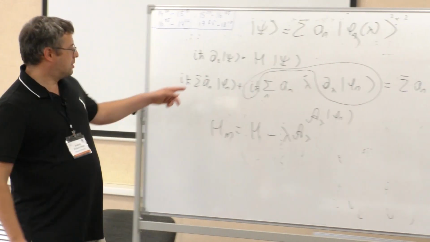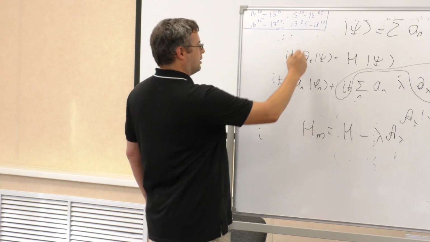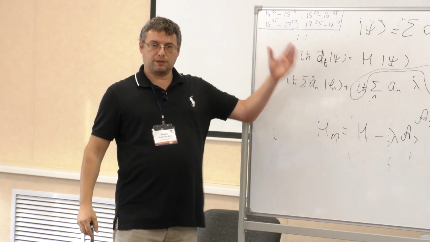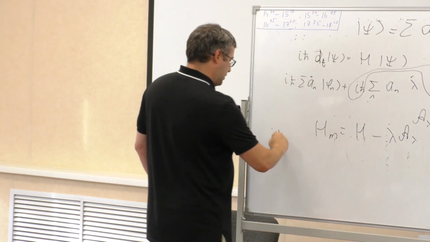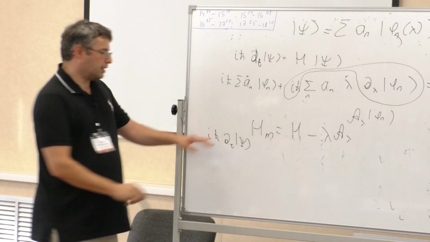And now we see what's the meaning. So here I can write my Schrödinger equation. This Schrödinger equation I really want to write as a full derivative, so it's the real time derivative of the state. And I can write it equivalently as a partial derivative, though this is not a conventional notation.